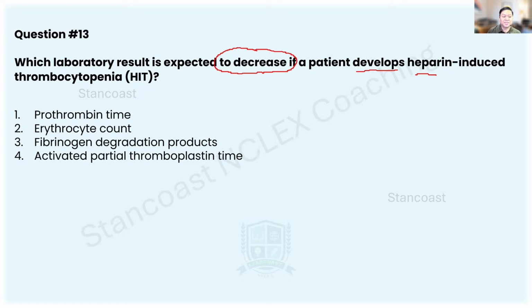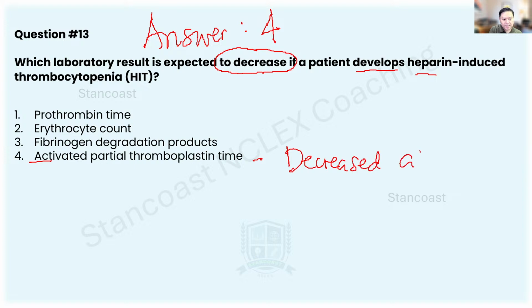The correct answer for this situation is letter D, or number 4. Activated partial thromboplastin time. Let me explain. The reason why there is a decrease in the APTT is the clumping of the platelets.